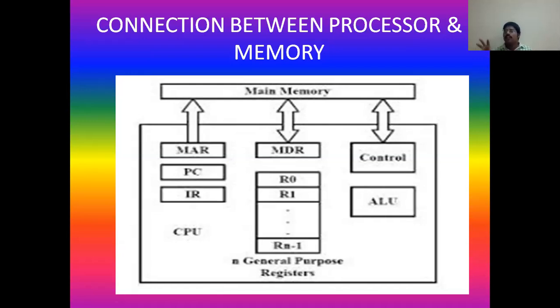For that purpose, we will use these buses. With the help of these buses, the data will be exchanged between the memory and the central processing unit. So between CPU and memory, the information will be exchanged with the help of these buses. That is the main purpose of these buses.